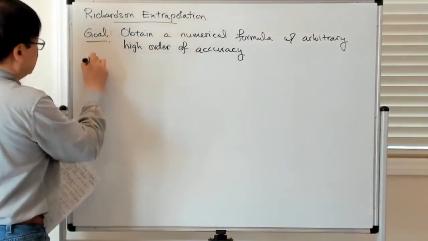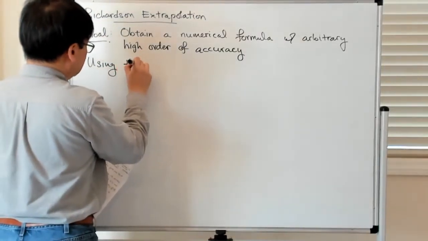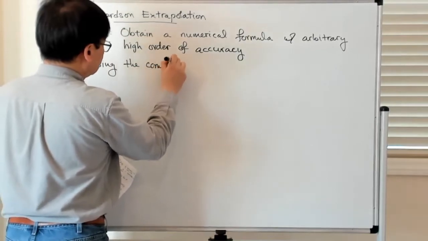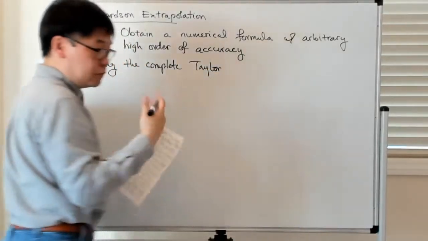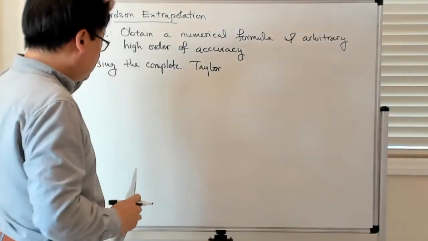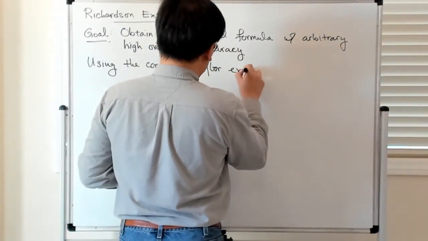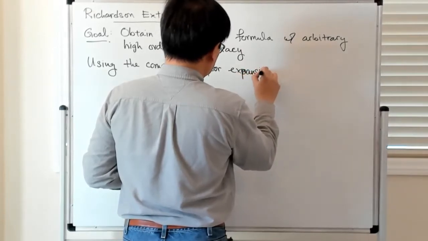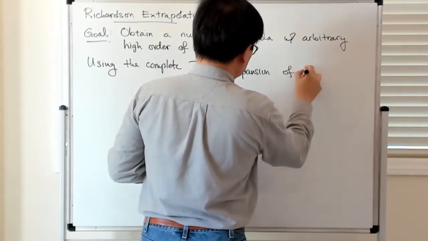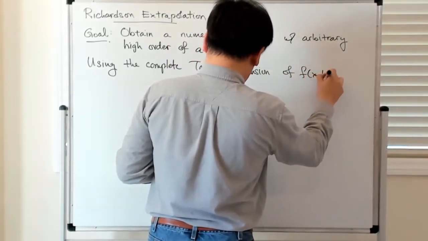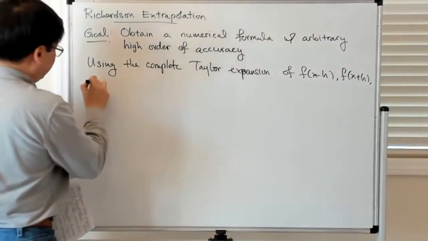If you use the complete Taylor expansion, instead of the ones where you've truncated it and put down the remainder term, of f of x minus h and f of x plus h, we obtain the following.